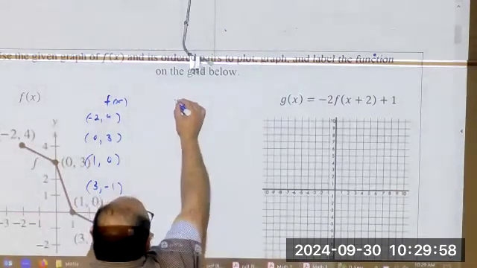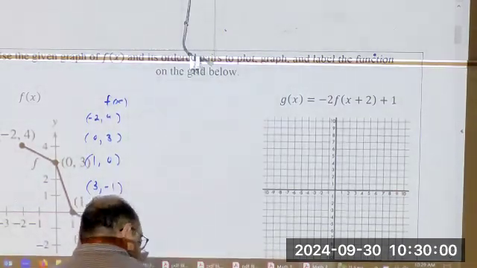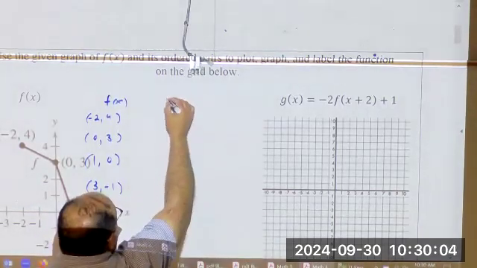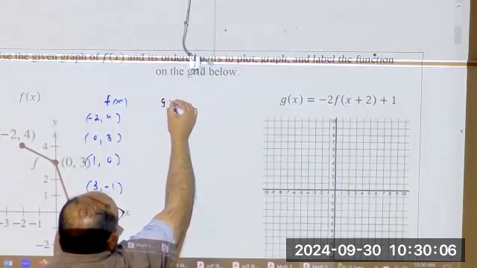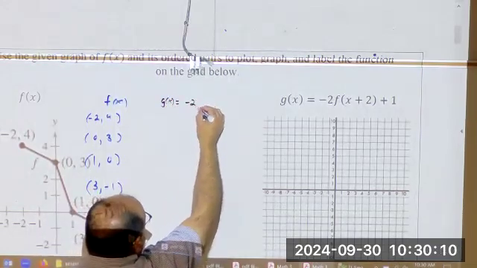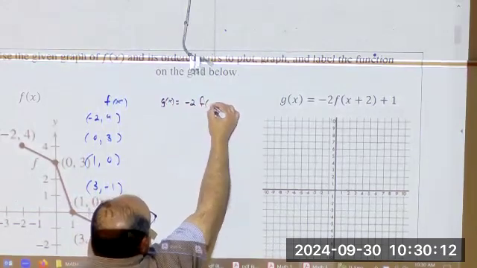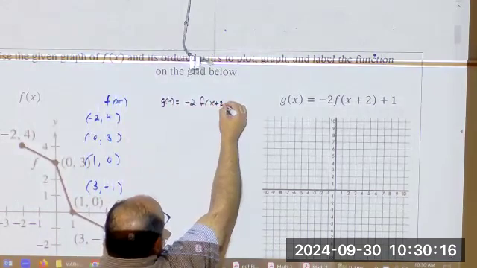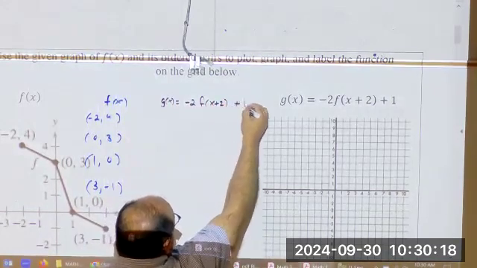And then G of X is going to be -2 times F of that X, we have +2, wonder what that's going to mean, and then a +1.